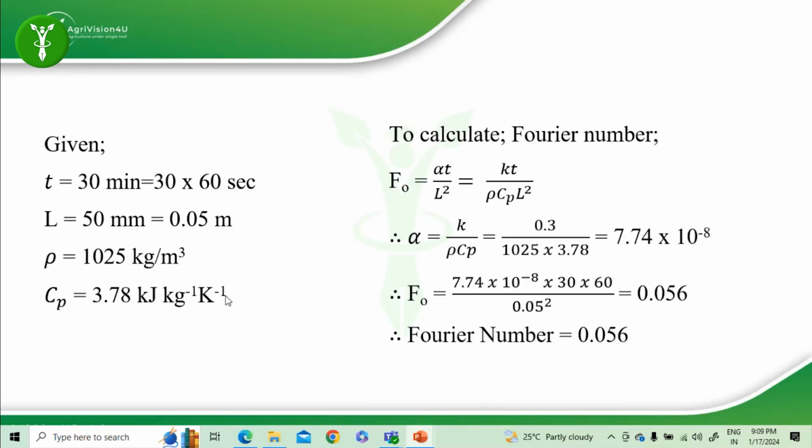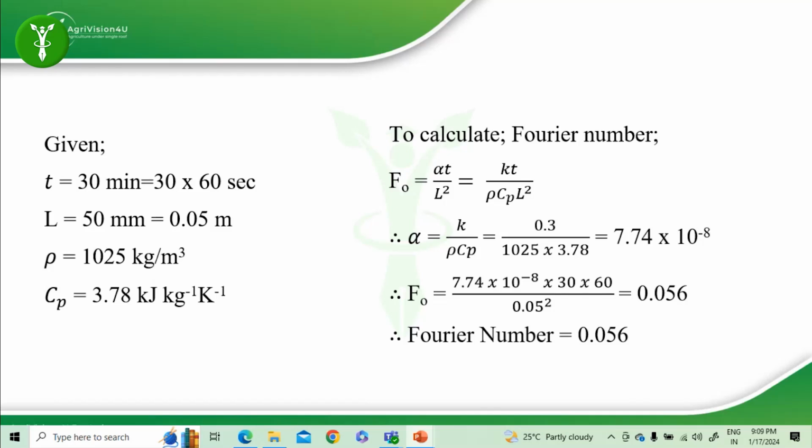Given is the time span t equal to 30 minutes, so convert it to seconds, 30 into 60. The length has been given as 50 mm. We are following the SI unit system here, so we will convert all parameters into meters. So L is equal to 50 mm.